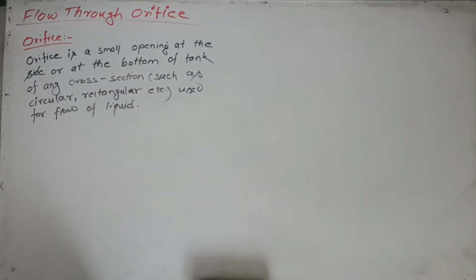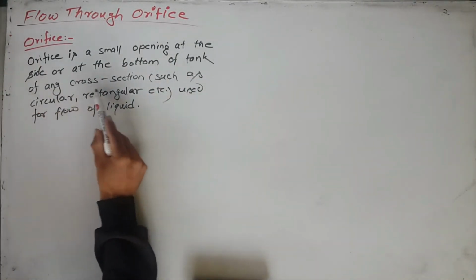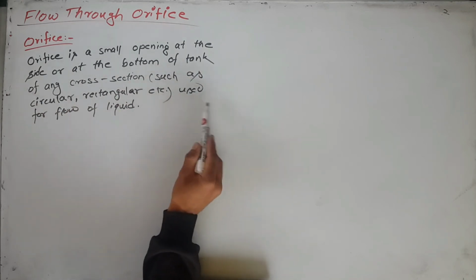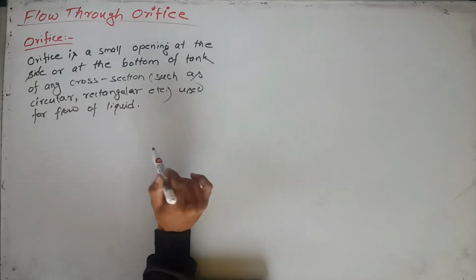Orifice is a small opening at the side or bottom of the tank of any cross section, such as circular or rectangular, and used for flow of the liquid.